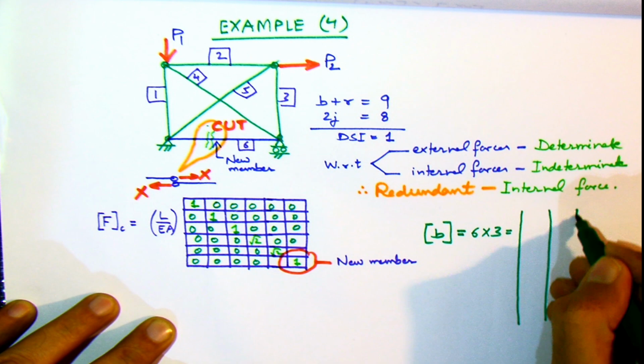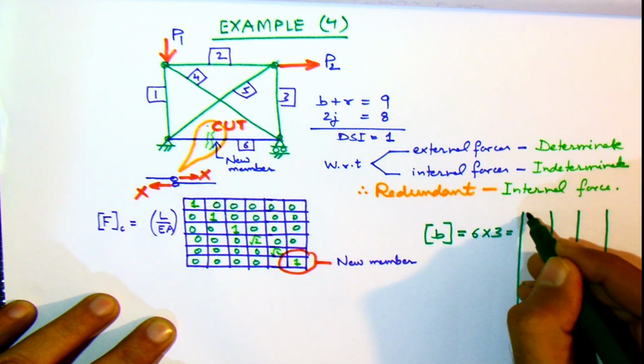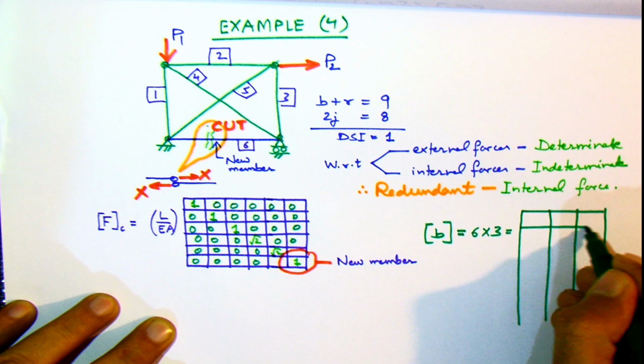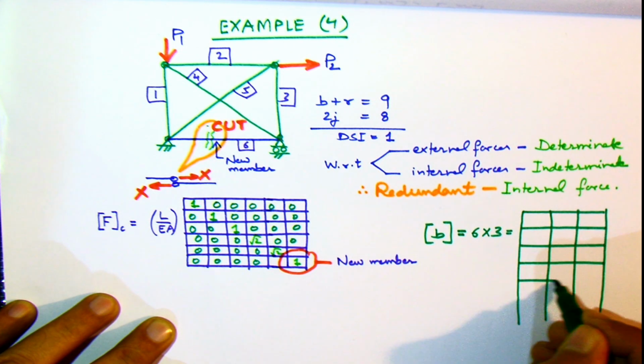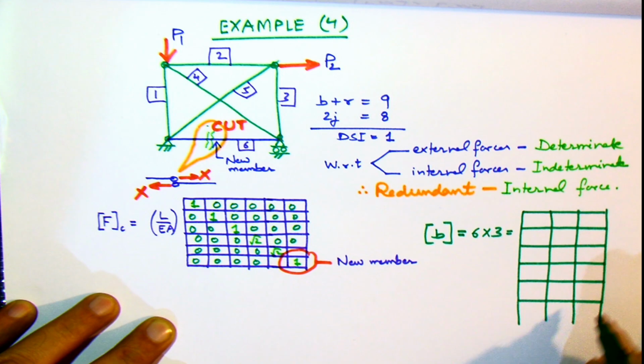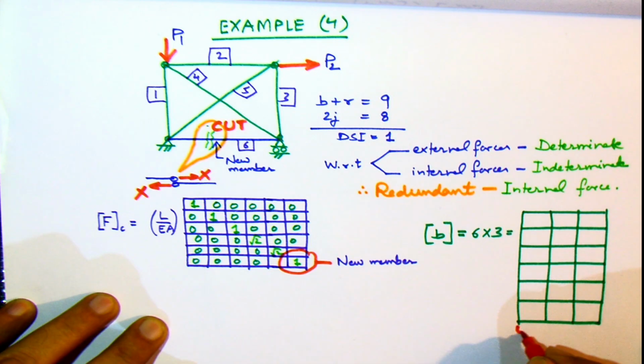Now instead of 2 we have 3 because a redundant has been added, and the number of rows has also increased to 6 because of the new member. So this is our B matrix. We partition it into BP and BX. BP is the part consisting of the two loads P1 and P2, and BX is for X.